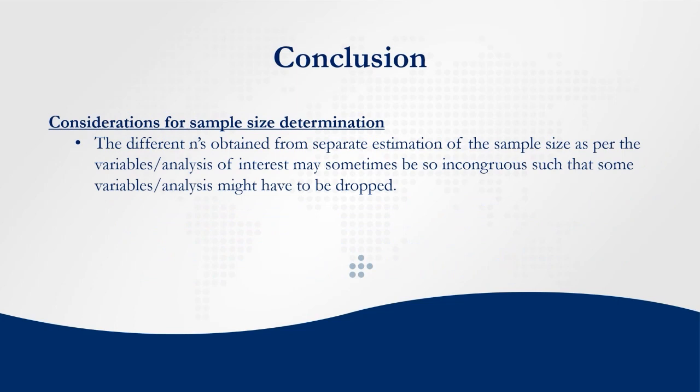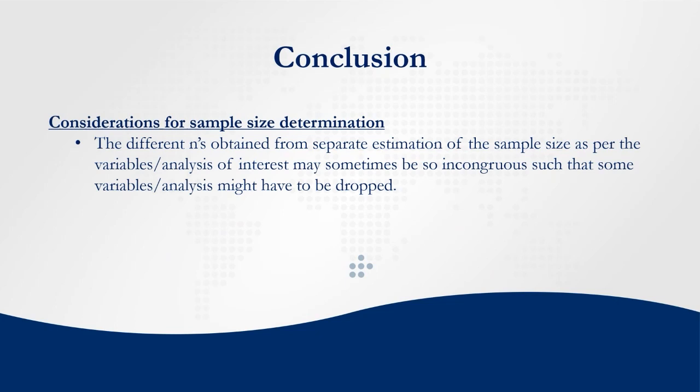Yeah, so I've indicated this, that sometimes when you have different variables, you're not able to accommodate all of them because they are giving you very different sample sizes. To analyze this variable, you are getting this sample size. To do this one, you are getting this one.